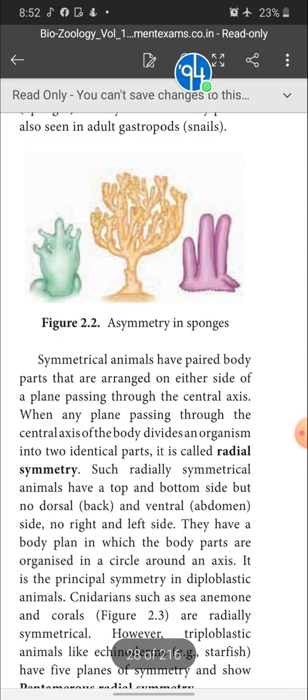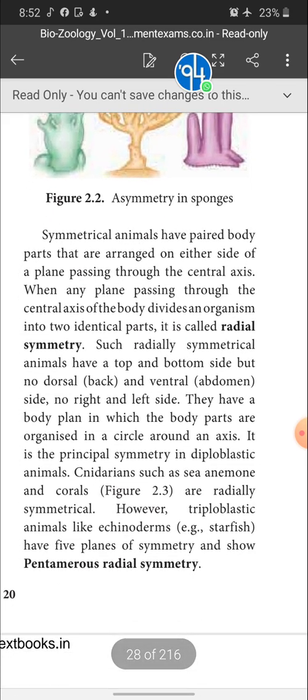Next, symmetrical animals have paired body parts that are arranged on either side of a plane passing through the central axis. So, if we take symmetrical animals, the central axis runs through the center. On both sides, the body parts are arranged equally in external structure.